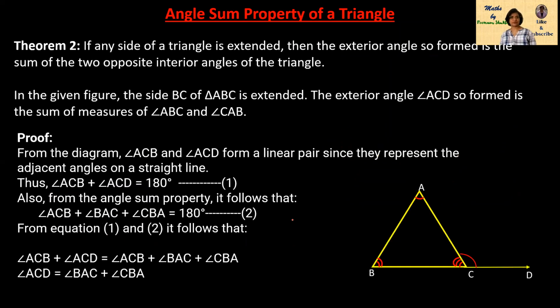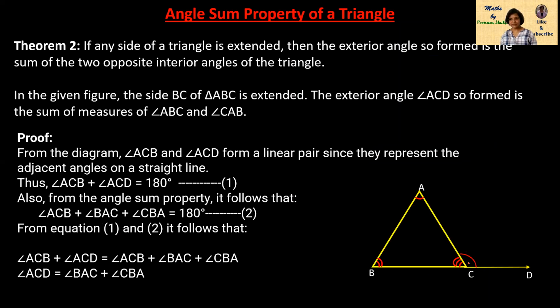Now we will go for theorem 2. Theorem 2 says if any side of a triangle is extended, then the exterior angle so formed is equal to the sum of the two opposite interior angles of the triangle. That means we are extending side BC till D, right?